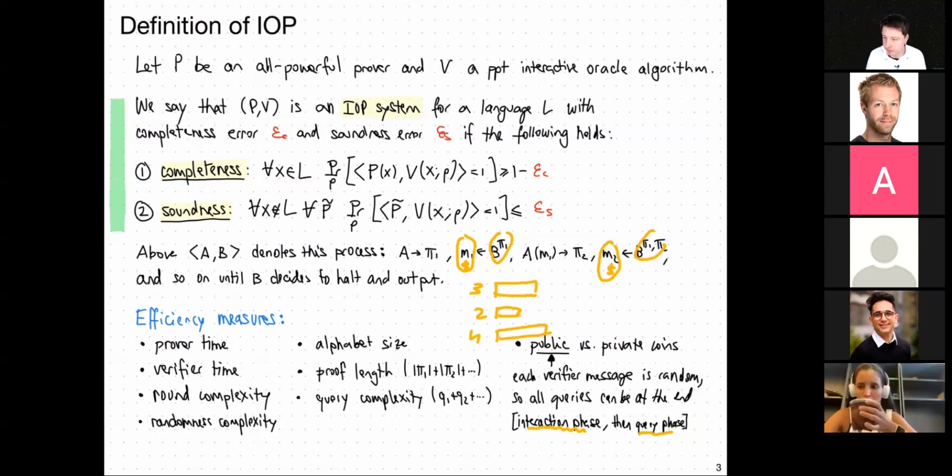Can I ask one question? So if the verifier does not query at every round, then why does it matter to interact at all? Why can't the prover just send a full proof that is a concatenation of pi1 to pi-whatever?